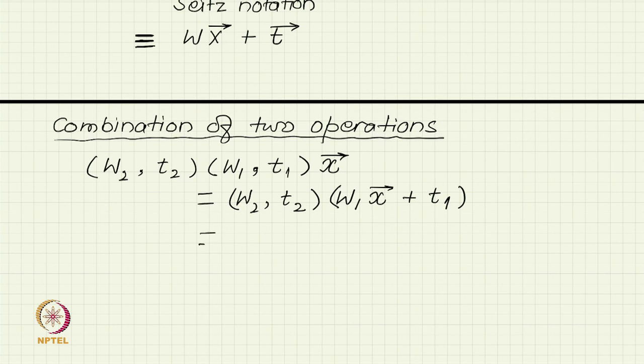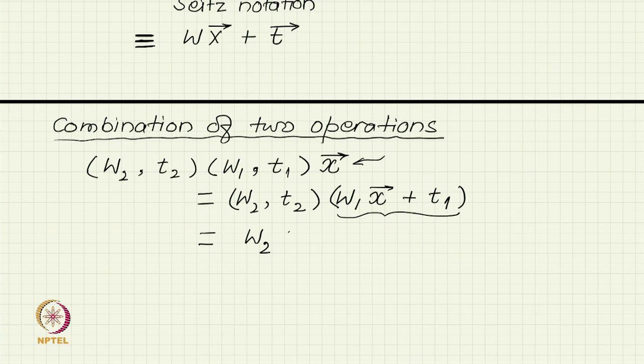Now, we apply W2 T2. Now this whole thing is a vector, just like x was the initial vector. W1 x plus T1 is the intermediate vector on which W2 T2 will act.